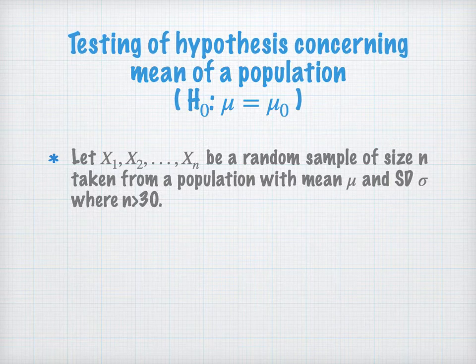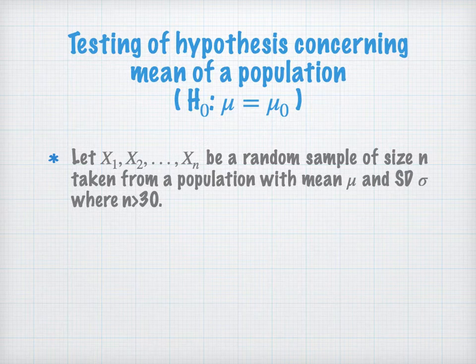Actually, we don't know this mean. So we have a testing problem where the null hypothesis is that the mean value is mu naught, and we have to check whether it is true or false.